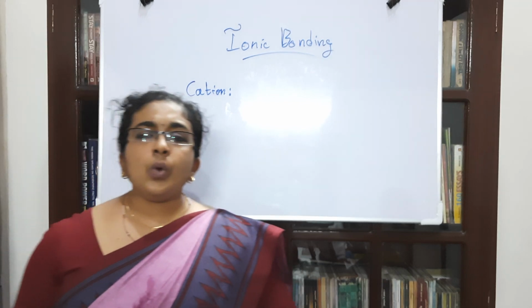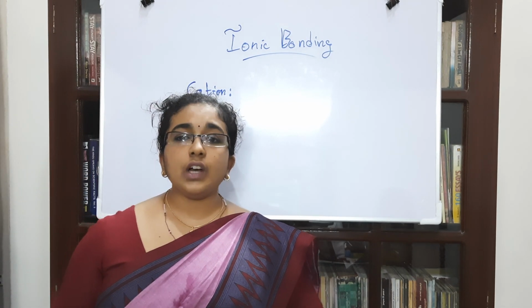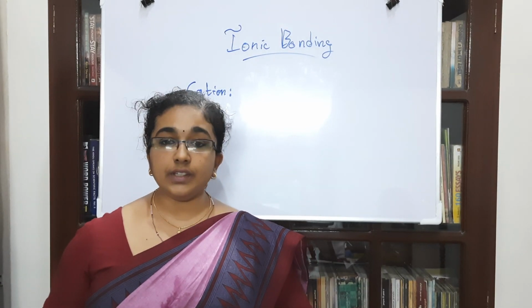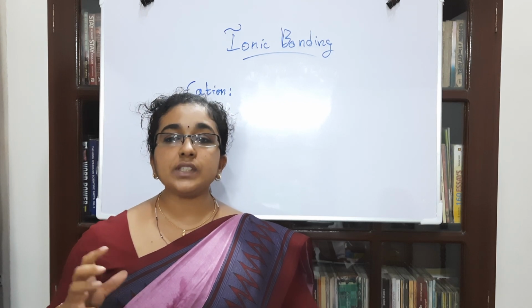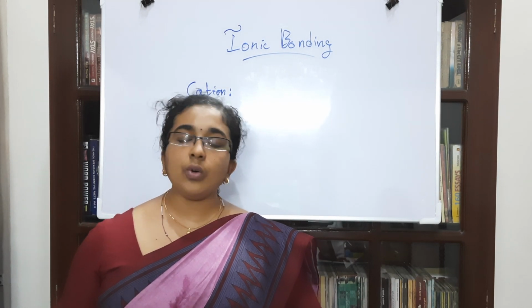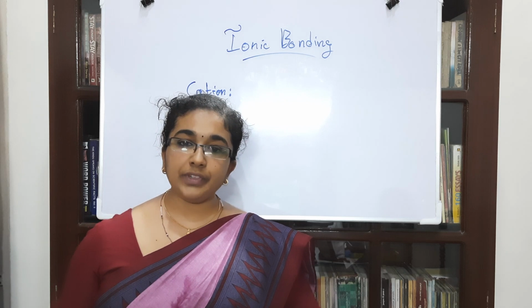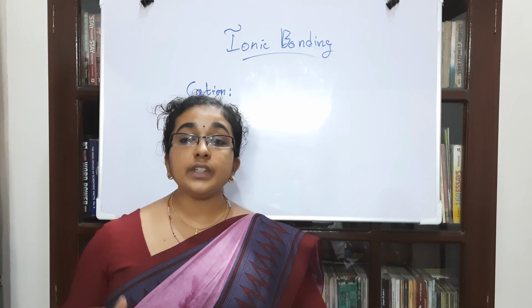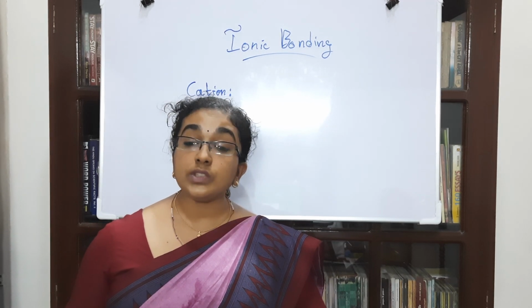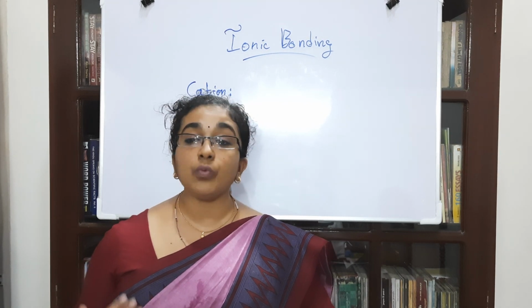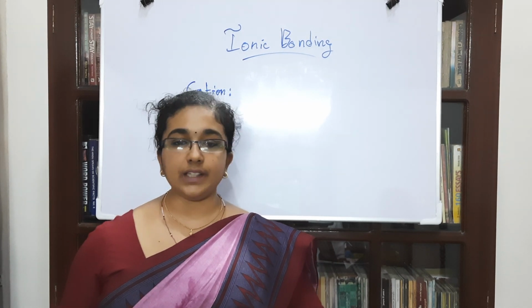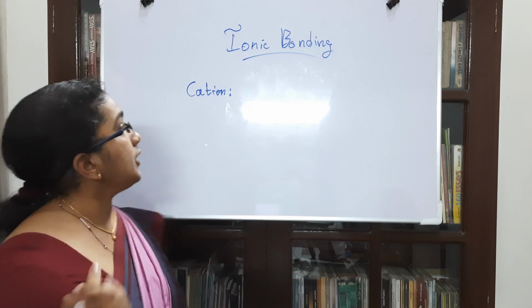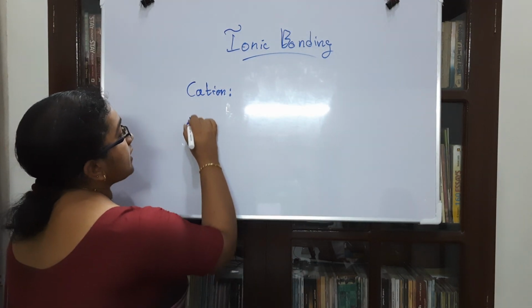Cation. When an atom loses an electron, it produces a positively charged atom, known as a cation. The most common cations are those produced by the loss of valence electrons from a metal atom. For example, take the sodium atom.